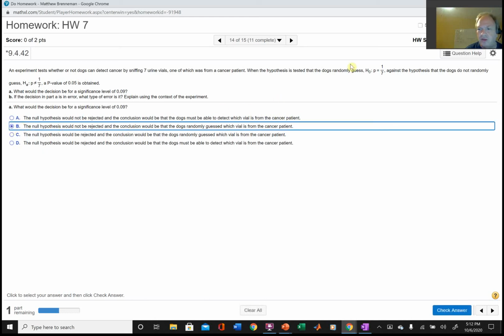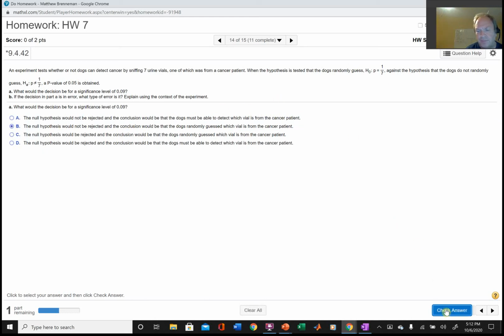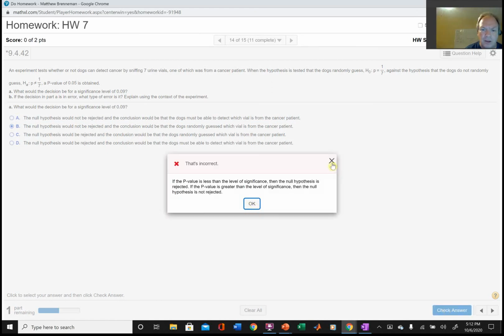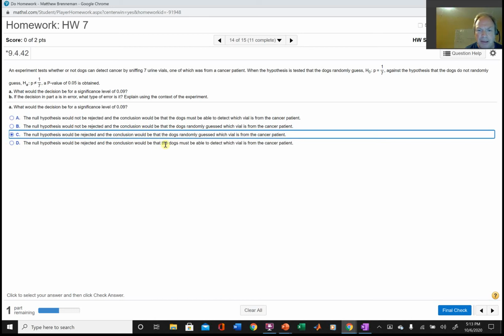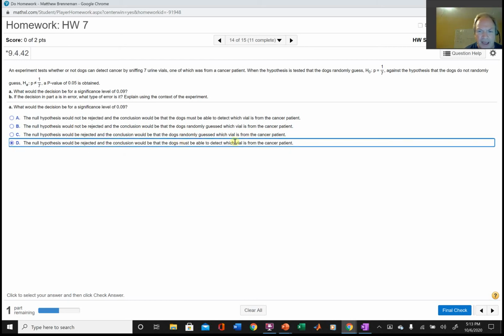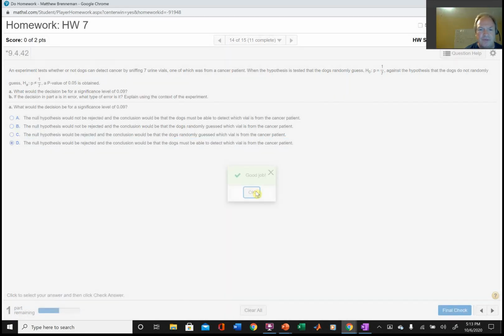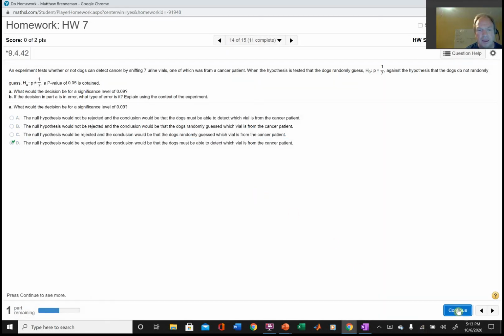Okay. Hold on. I'm sorry, the p-value is less than alpha, so the null hypothesis will be rejected. And we would guess that it's better than just random guessing, right? So it wouldn't randomly guess. It would be able to actually detect it. So you gotta be careful with the language.